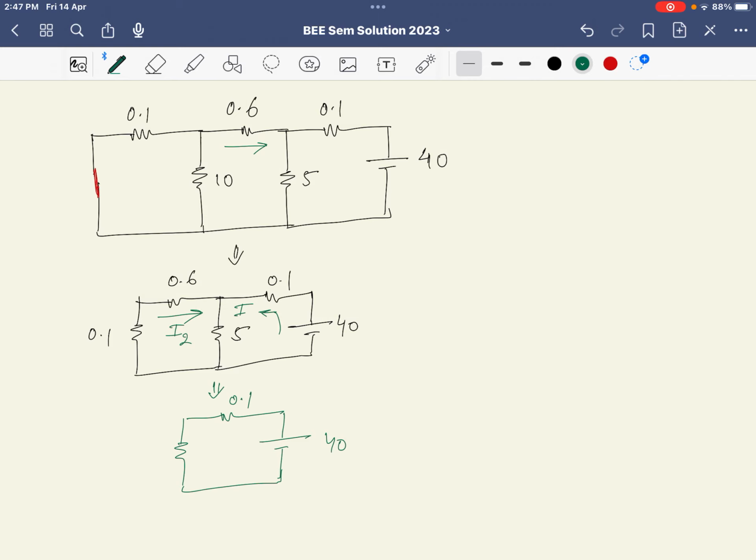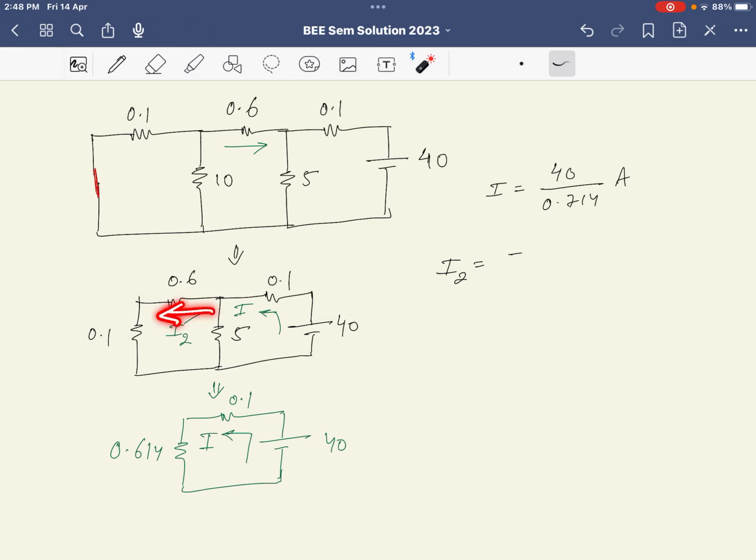So 5 and 0.7 in parallel, that is 5 into 0.7 divided by 5.7, which comes around 0.614, and that gives the value of I equal to 40 divided by 0.714 ampere.